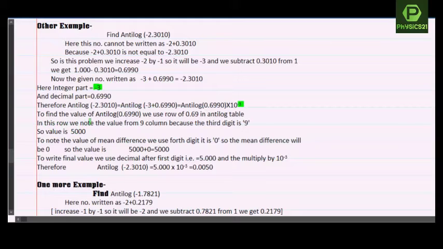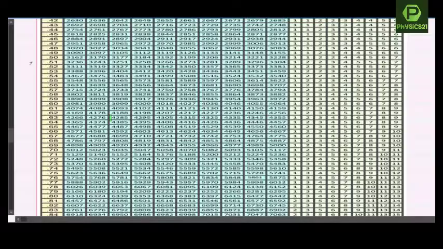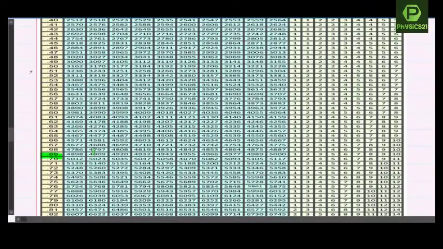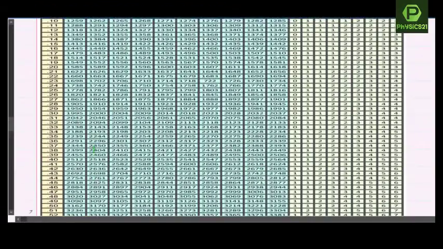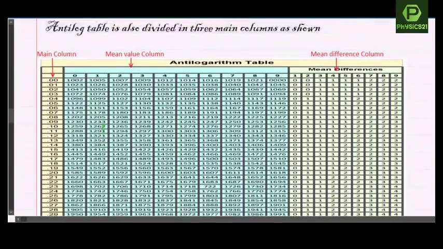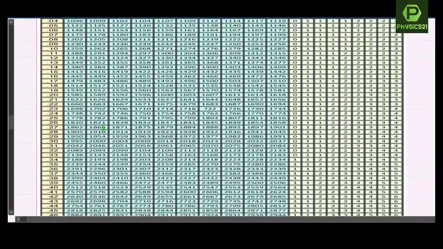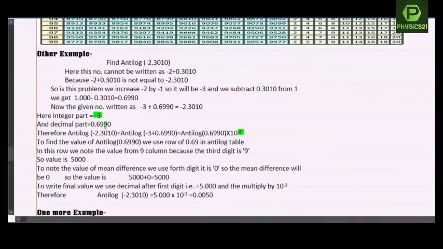Now to find the value of antilog 0.6990, we use row 0.69 in the antilog table. So here in the antilog table, this is the row. Now in the mean value column, we use the value of column 9, because here the third digit is 9.